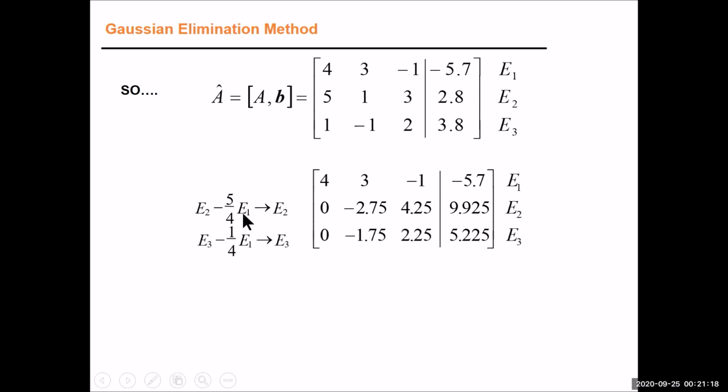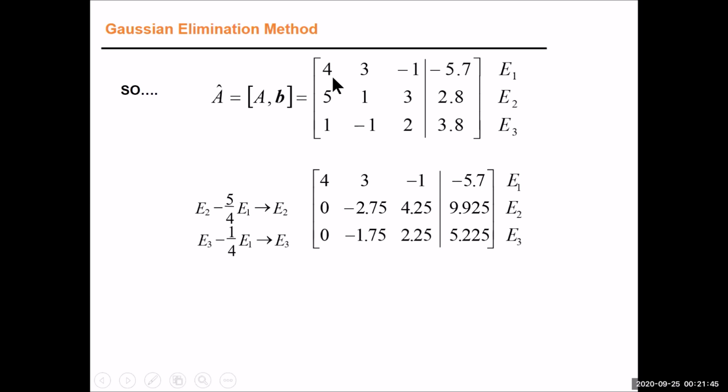Now, the only way for you to be convinced of that is to literally go and work it out. You have to multiply equation 1 with this fraction, which is simply the ratio of the number that you want to make zero divided by the pivot element. The pivot element is right on top of the number you want to make zero, so it's going to be 5 divided by 4.